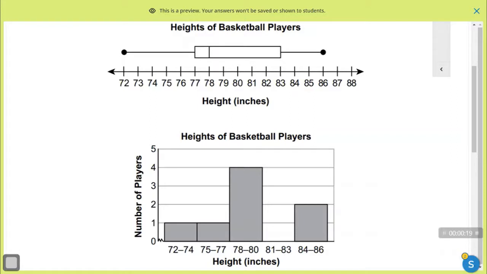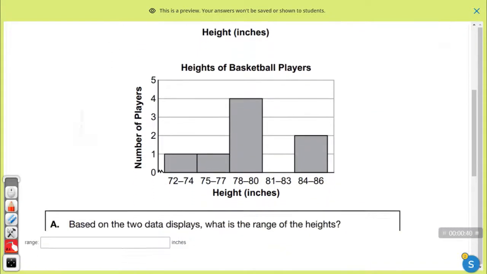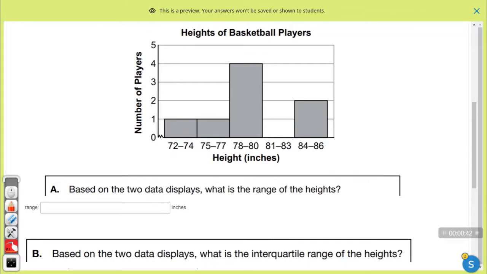And just a reminder, if you're not familiar with a histogram, it's like a bar graph, except instead of a single value at the bottom, it's going to have ranges of values at the bottom, to help you see how many of the basketball players exist in that range.